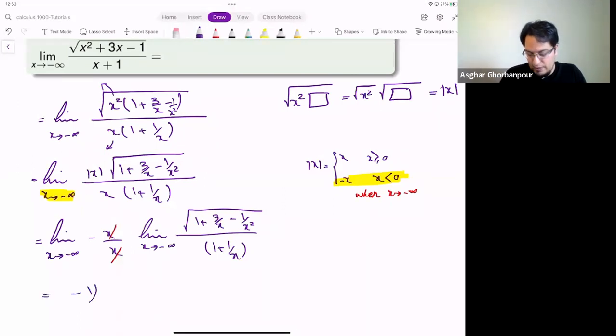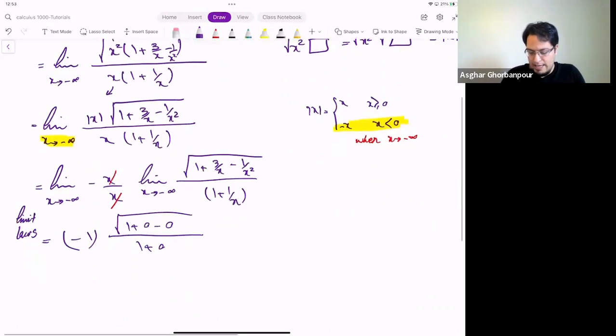The first part will give me negative 1, and for the second part, using limit laws again, this will give me the root of 1 plus 0 minus 0 over 1 plus 0, which is 1 over 1. So the answer is just negative 1.